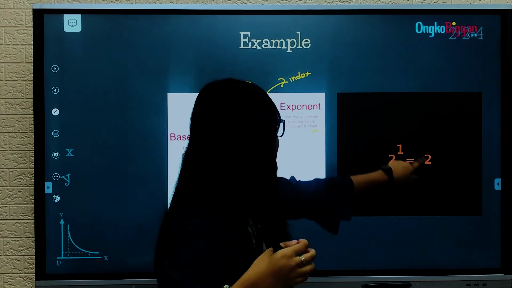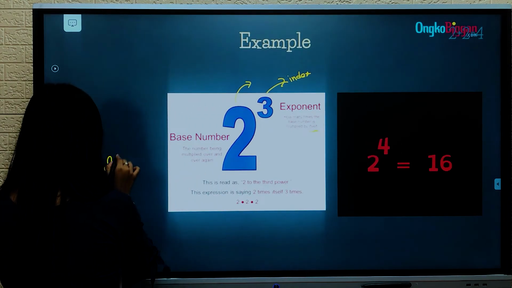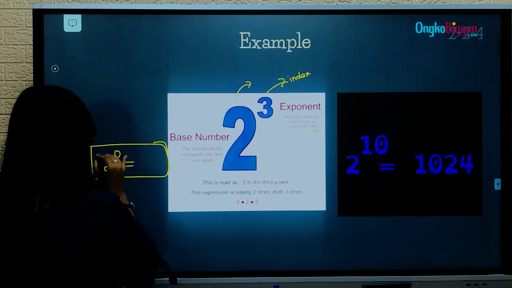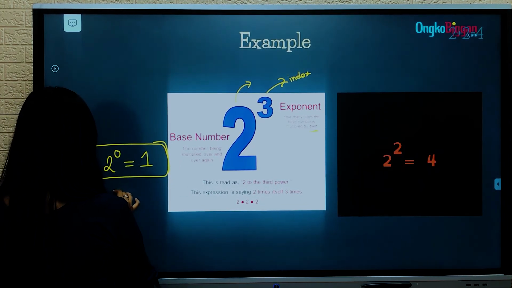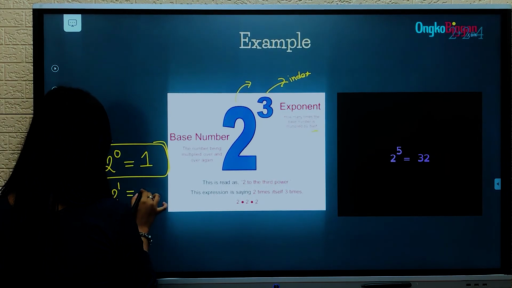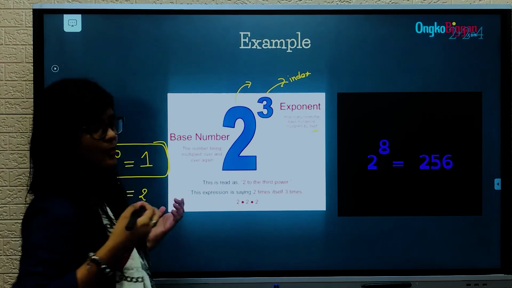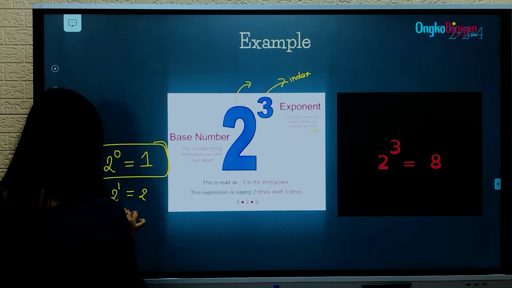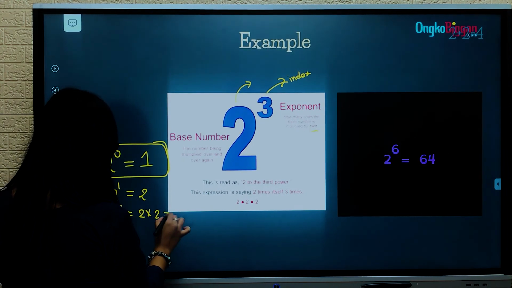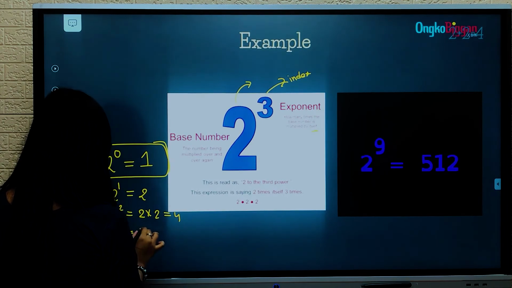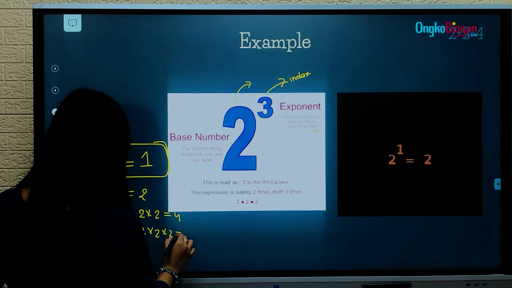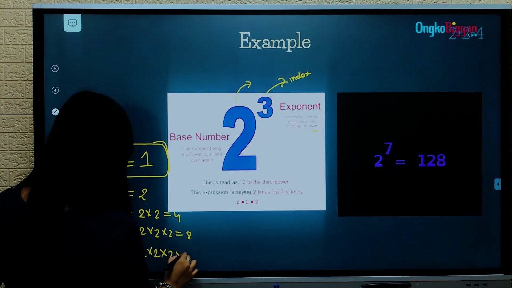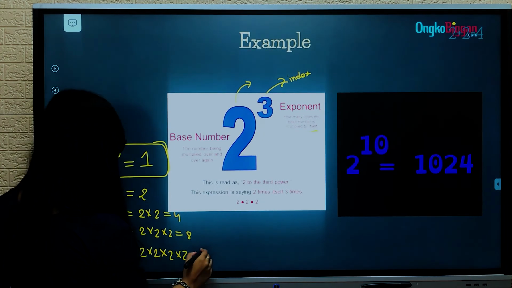Here you can see 2 to the power 0. Anything that has power 0 is an exceptional case, and it is 1. 2 to the power 1 means 2 is just multiplied once, with no further multiplication. 2 to the power 2 means 2 into 2, that is 4. 2 to the power 3 means 2 into 2 into 2, that is 8. 2 to the power 4 means 2 multiplied 4 times by itself, that is 16.